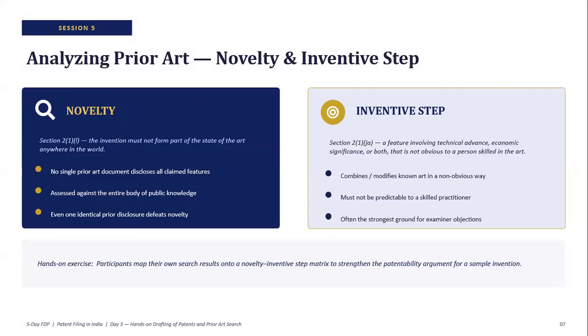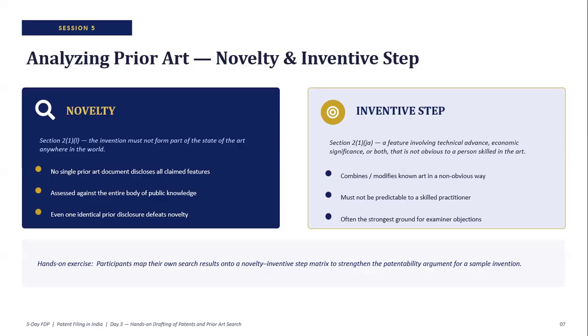Module 5 is analyzing the prior art, novelty, and inventive step. We now arrive at the final technical session of day 3, analyzing prior art for novelty and inventive step. Let us first consider the novelty stage. As presented in the program, novelty is associated with section 2, and the invention must not form part of the state of the art.